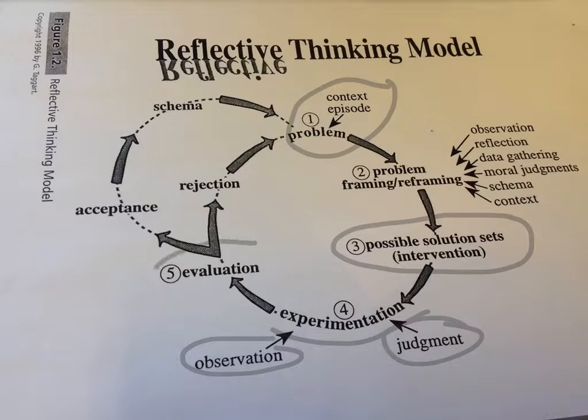You then go on to evaluate, not necessarily by doing primary social science research, but by carefully logging what you see, collecting examples of student work, maybe even taping conversations that you have with students. And then you either accept that the interventions worked or reject them in order to begin the loop again.